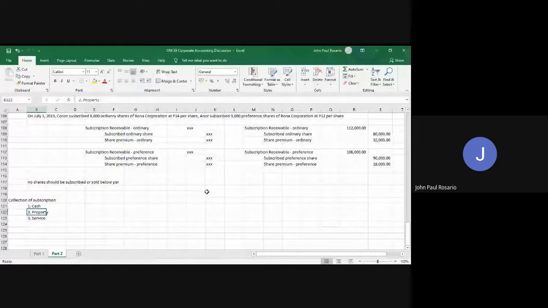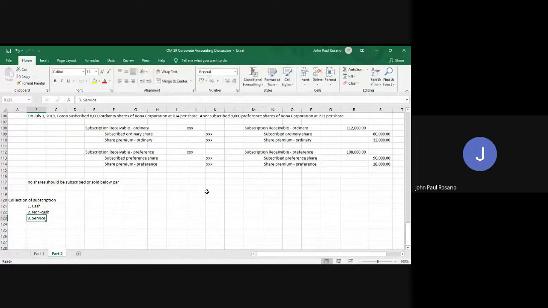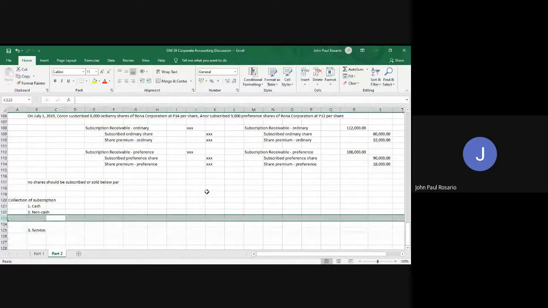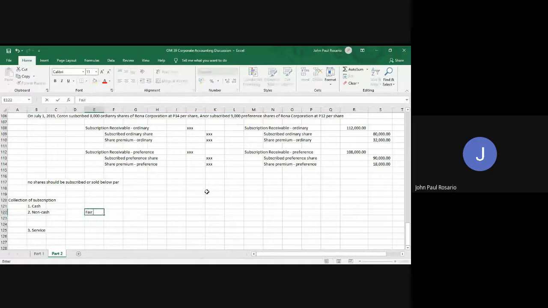Yung property, non-cash. So, pag non-cash asset bang good, daghan kay kag i-consider kay first is mag-consider ka sa fair value of the non-cash consideration received.